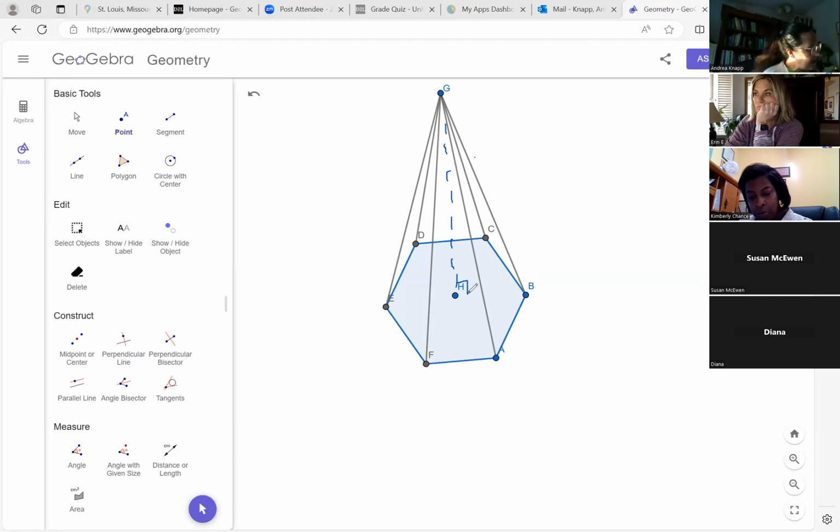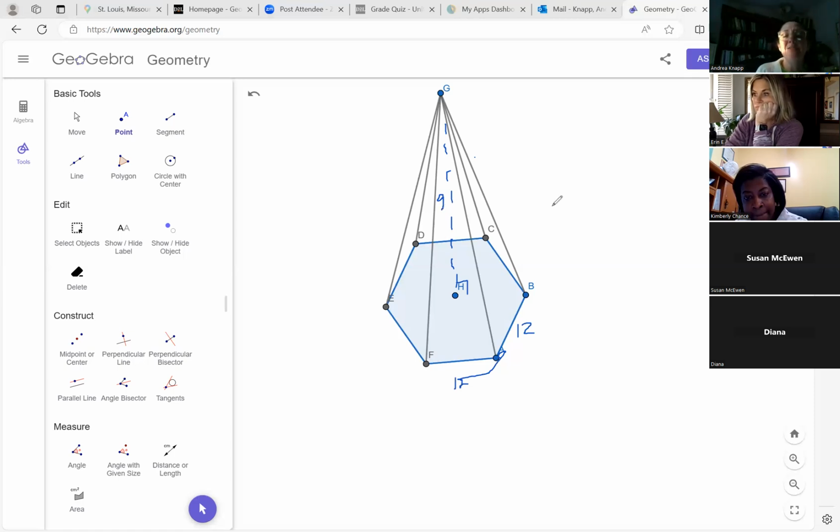All right, the sides of this hexagon have length 12. It's a regular hexagon, so all the sides on the base are 12. And the altitude is 9. Find the total surface area of this pyramid.